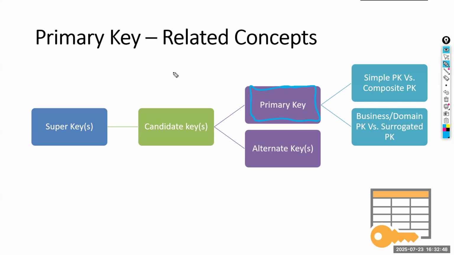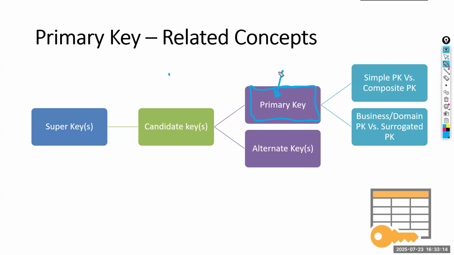So every table, every relation must have a primary key. A lot of students misunderstand the meaning of primary, because you sometimes get fooled by the word primary school. There, primary means prathamika.